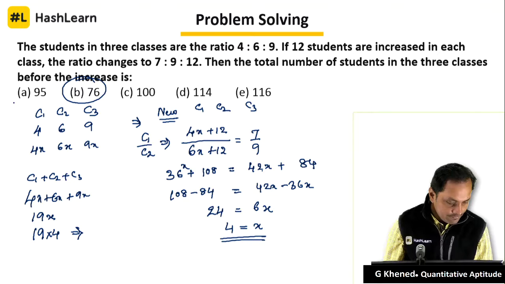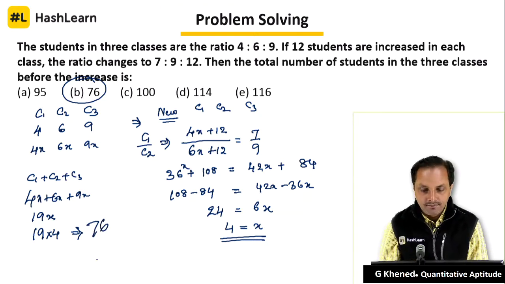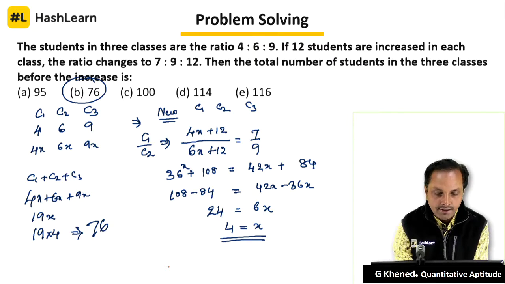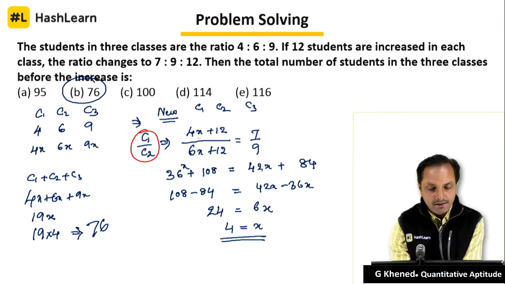Option B. This is one of the important concepts. The step: C1 to C2 we are considering. So C1 after increasing by 12 becomes 4x plus 12, and C2 becomes 6x plus 12.